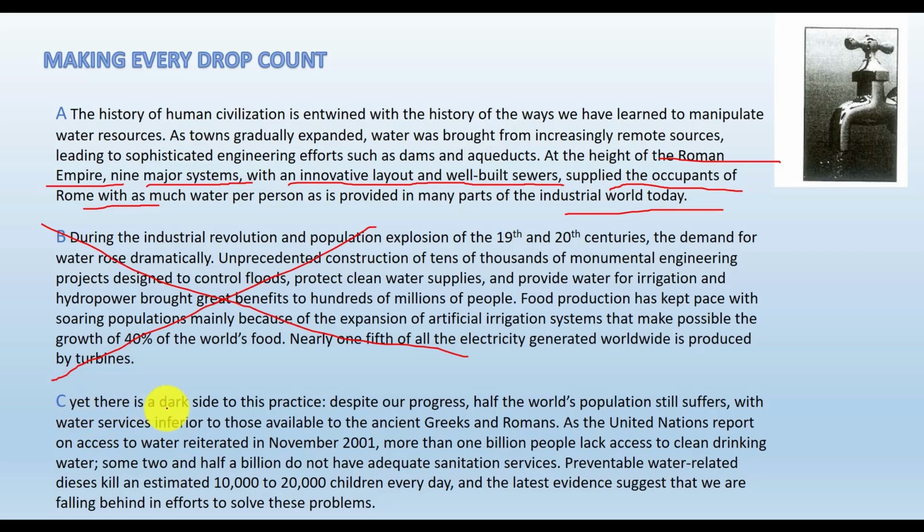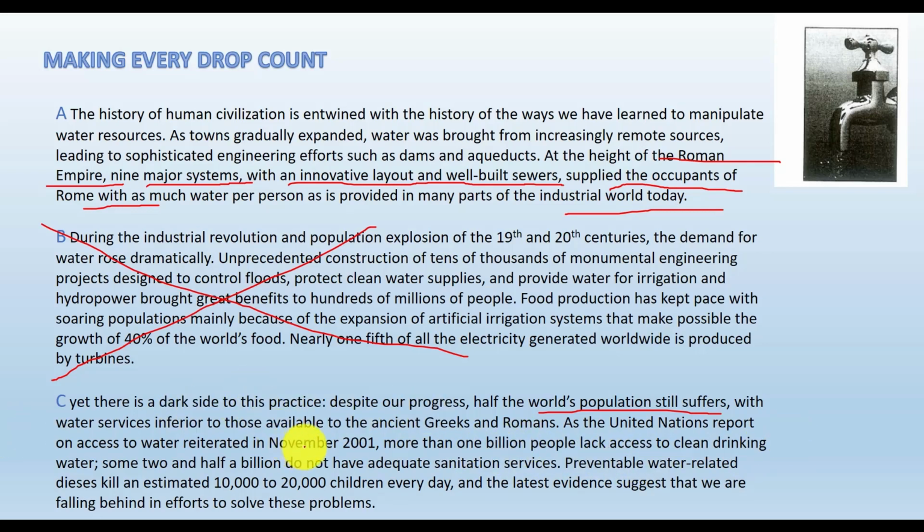Yet there is a dark side to this practice. Despite our progress, half the world's population still suffers with water services inferior to those available to the ancient Greeks and Romans, as the United Nations report on access to water reiterated in November 2001. More than 1 billion people lack access to clean drinking water.